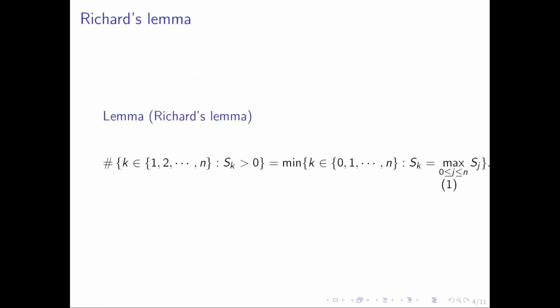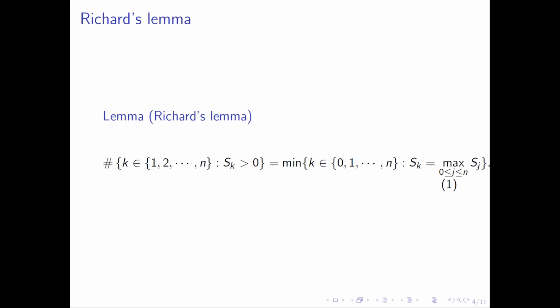So let us start and see. Last day we saw that there is this beautiful lemma called Richard's lemma. I'm trying to repeat what the statement is. On the left hand side, you are counting the number of k's for which the random walk is strictly positive.